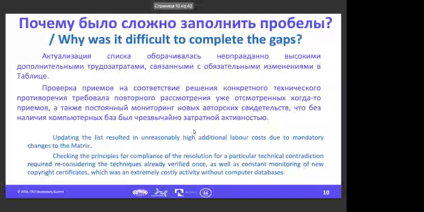Now, removing those gaps, those spaces, why was it very hard? Because TRIZ development did not keep pace with the selection of high-quality examples. The updating of this list included very serious labor costs, and all that led to new ways of development. So this was very huge and hard work, which required the involvement of many specialists.